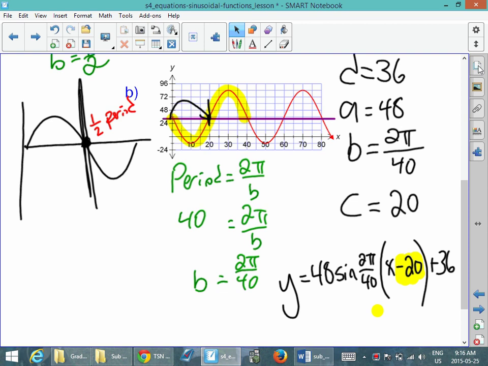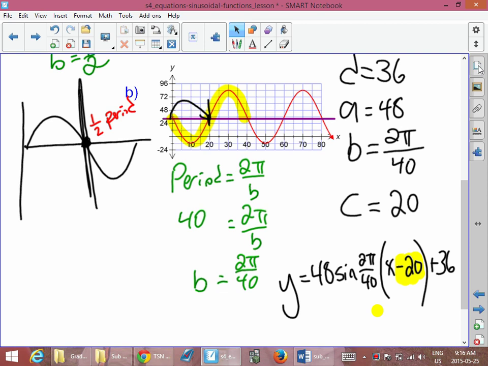I guess you could find C before B, but generally speaking, D, A, B, C is probably the best way of doing this. Okay? When you have figured out your equation, feel welcome to graph it with a graphing calculator or Desmos and see if you get the exact same thing you have on paper.